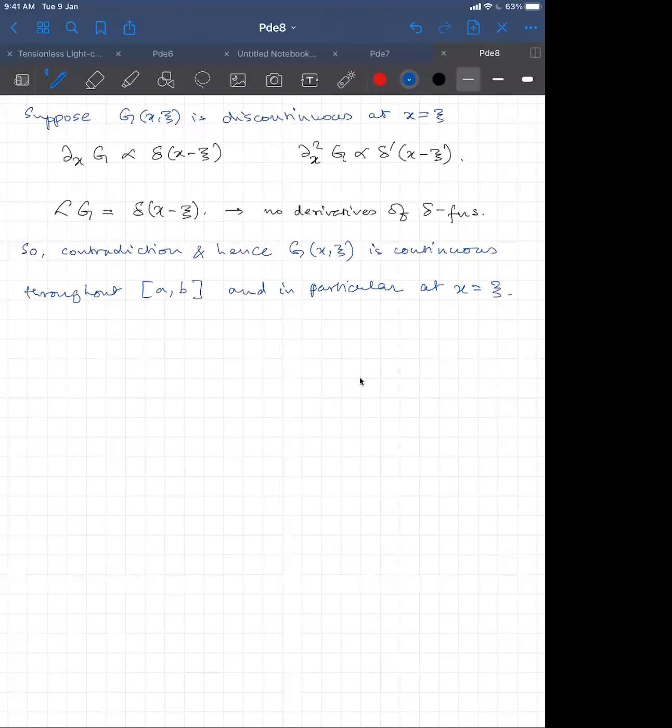Very good. So now let's integrate L of g is equal to this over a particular infinitesimal neighborhood around x equal to psi.